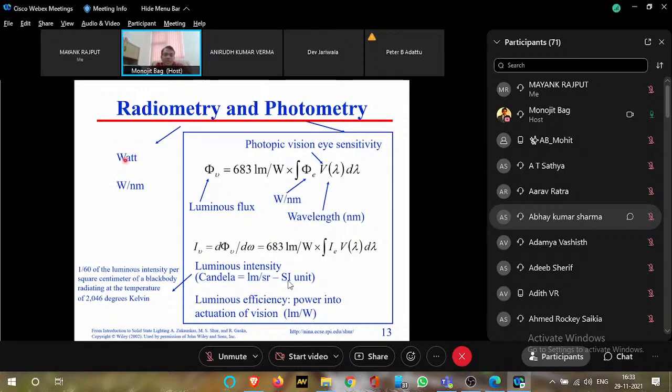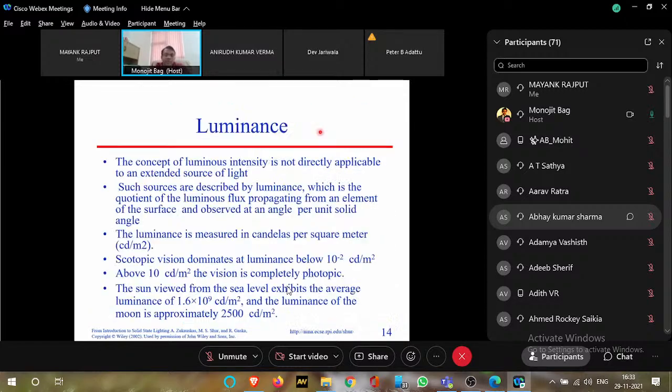Although if you look at the dimensionality there could be similarities, they are used in two different contexts: one is the source, the other is the way we perceive the intensities. So there are two different ways, one is radiometry and one is photometry. And when we talk about colorimetry, that's the mixture of all these things, like what the wavelength is and so on.